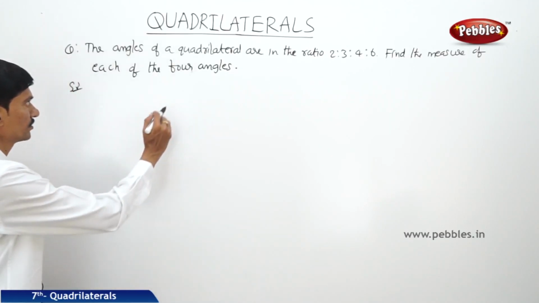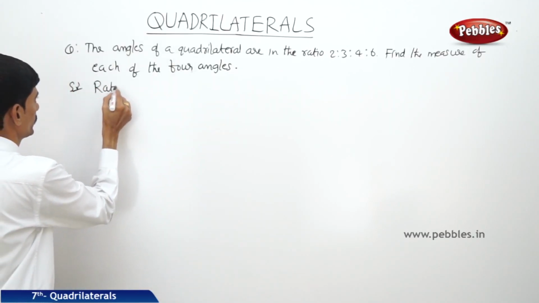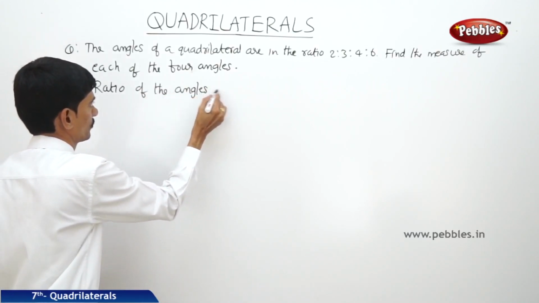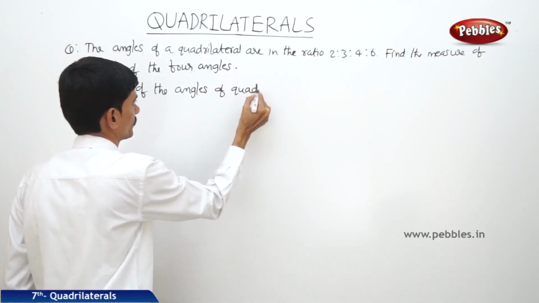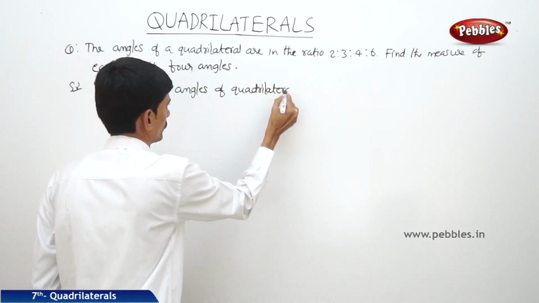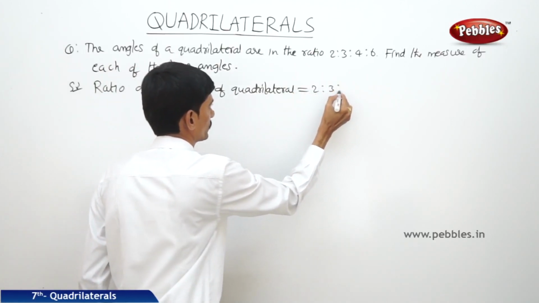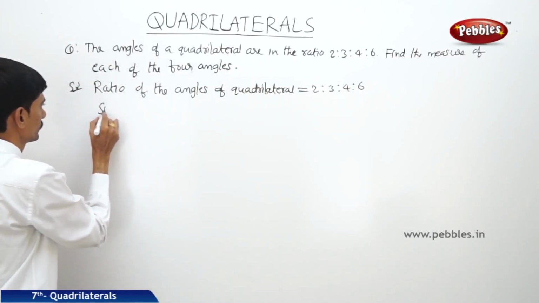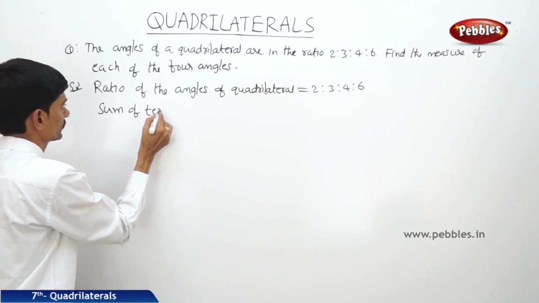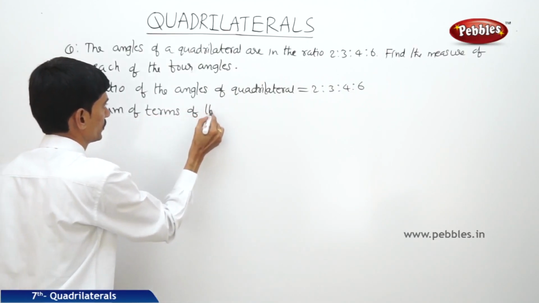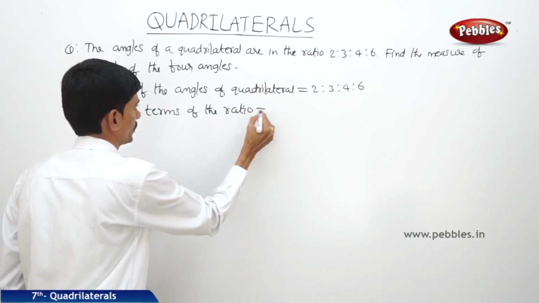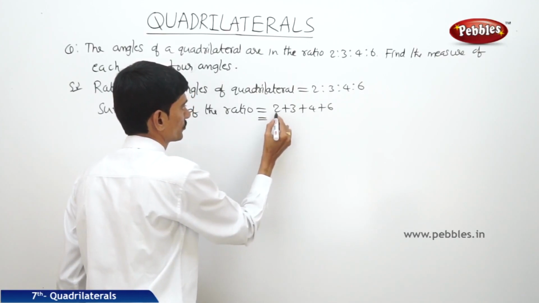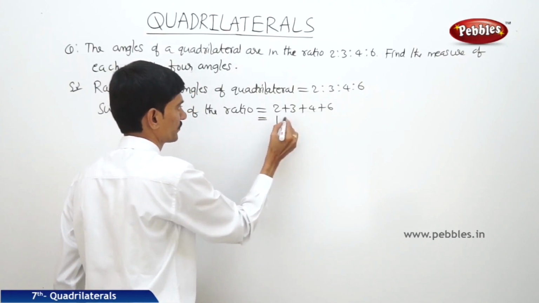Now the ratio of the angles of the quadrilateral equals 2:3:4:6. Now the sum of the terms of the ratio equals 2 plus 3 plus 4 plus 6. So 2 plus 3 is 5, plus 4 is 9, plus 6 is 15.